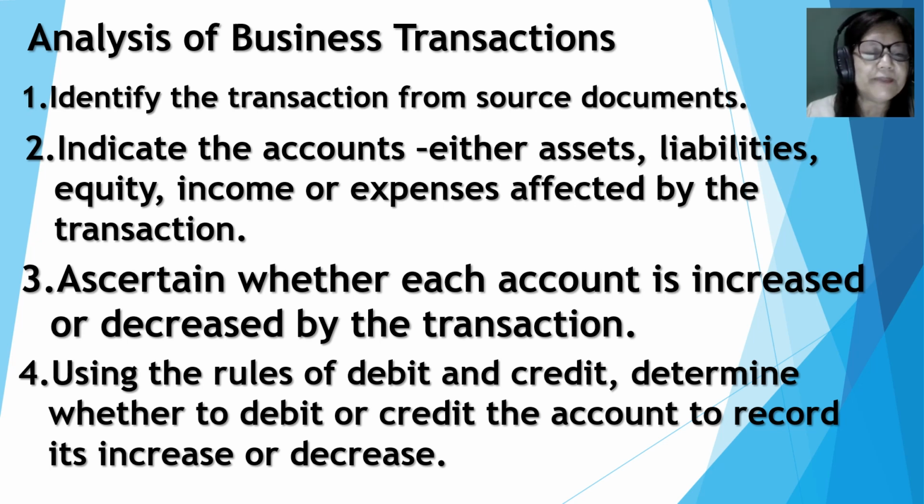And lastly, using the rules of debit and credit, determine whether to debit or credit the account to record its increase or decrease. So we are proceeding to the analysis of the business transactions leading to the recording or journalizing.